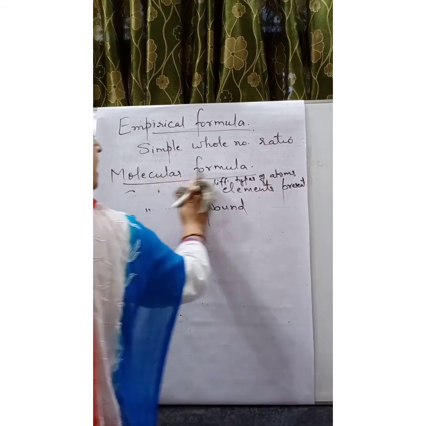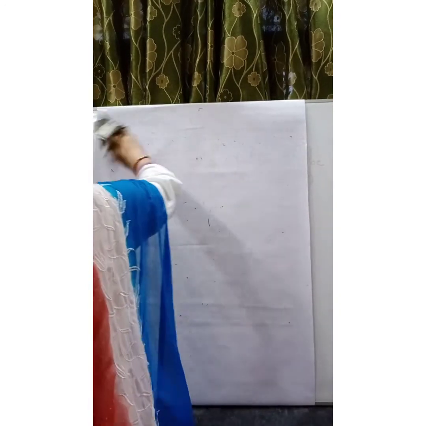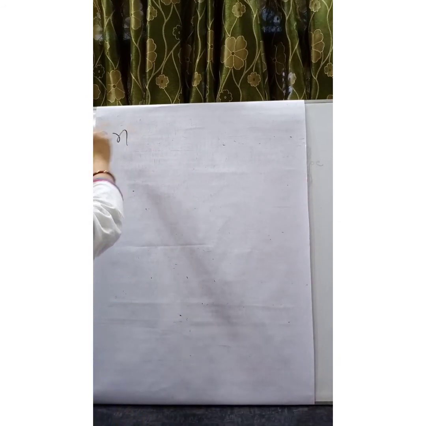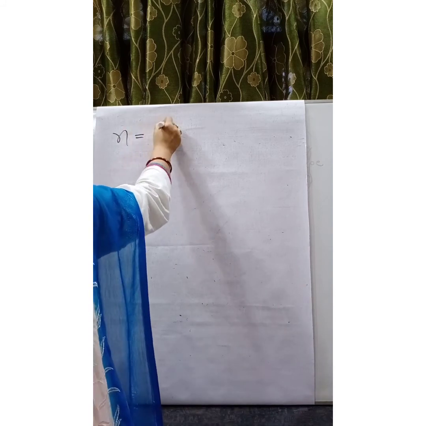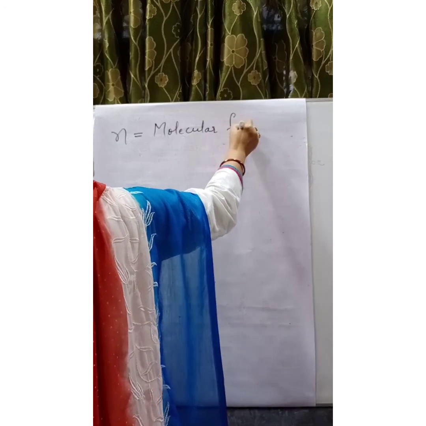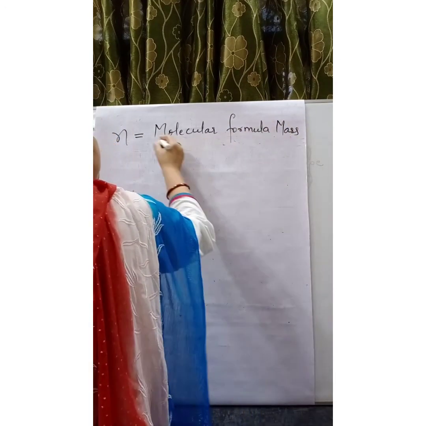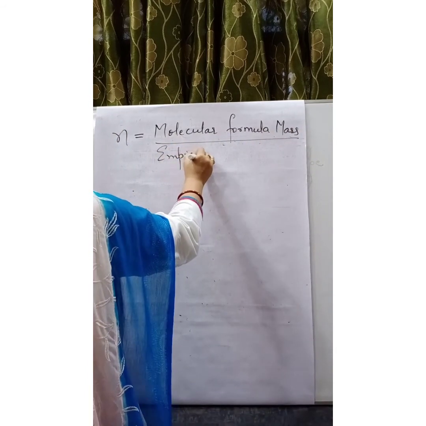Now let us see the relation between empirical formula and molecular formula. Here a constant n is involved, and n can be calculated as molecular formula mass upon empirical formula mass.